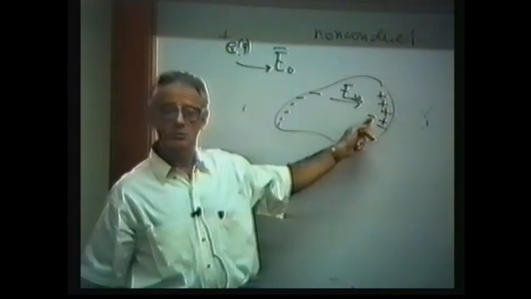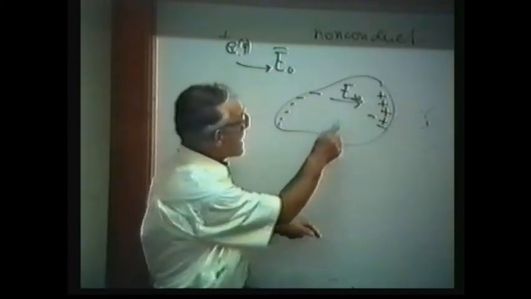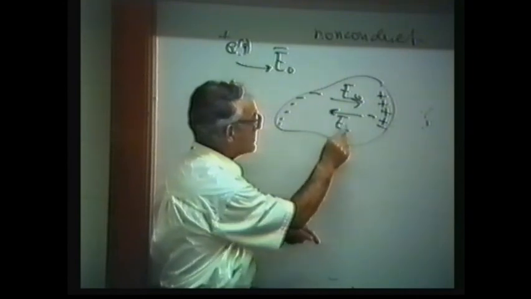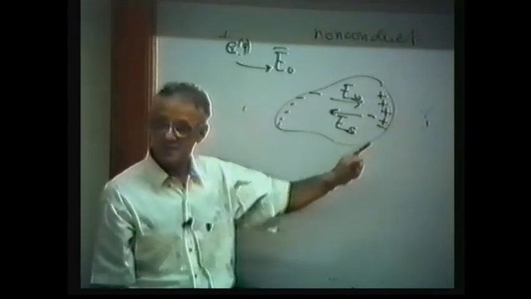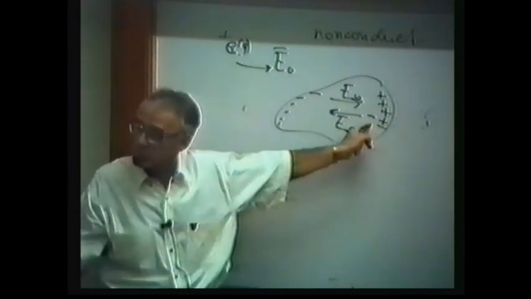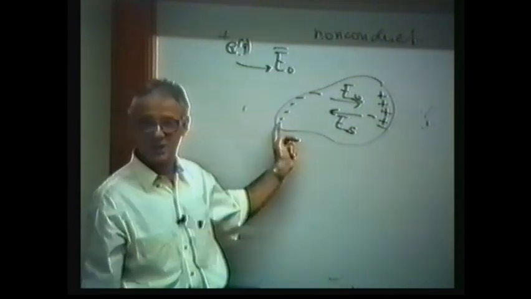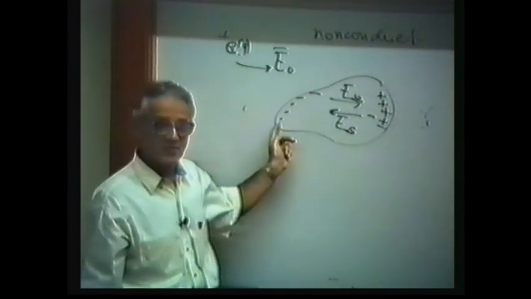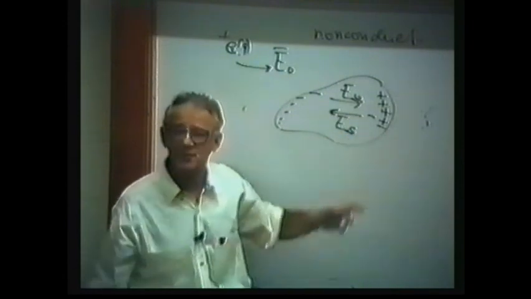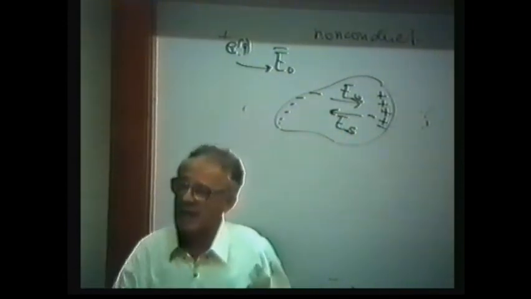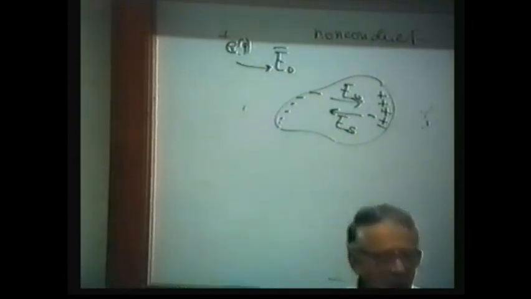What is their role? They create a secondary electrical field, and it's directed, according to Coulomb's law, in the opposite direction. Therefore, what happens with the total electrical field inside of the conductor? It will tend to zero.